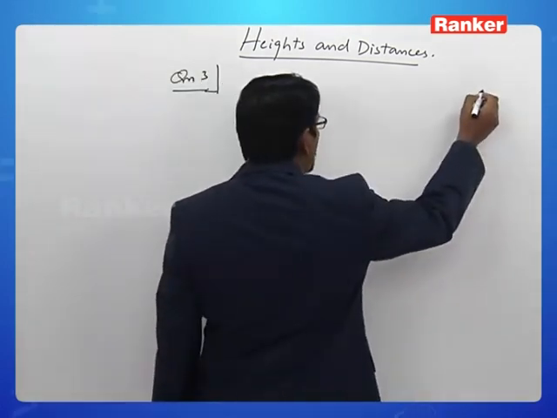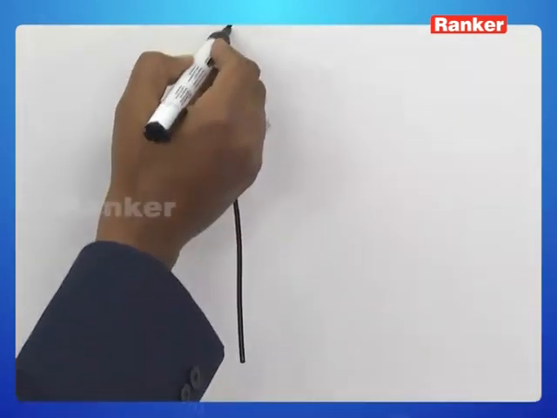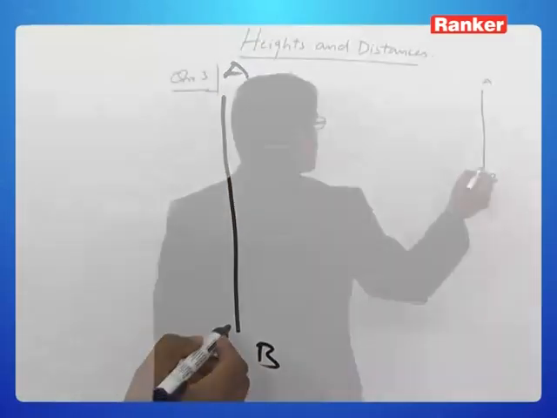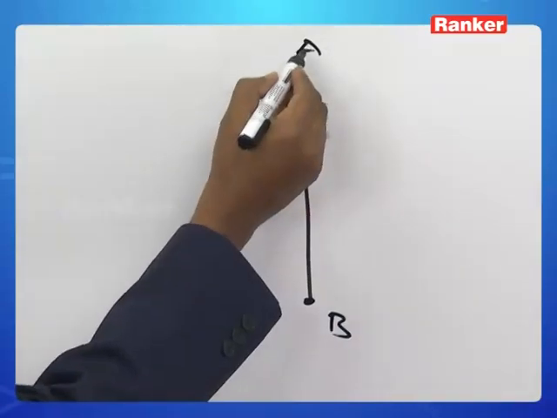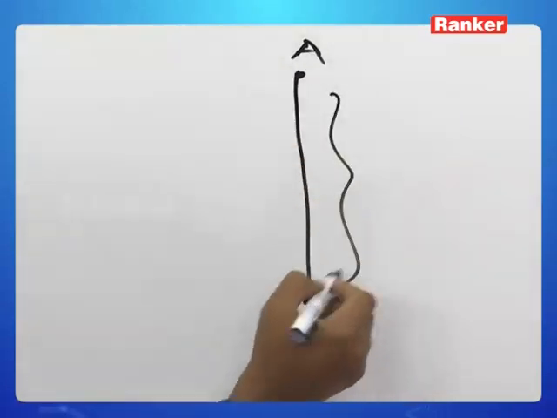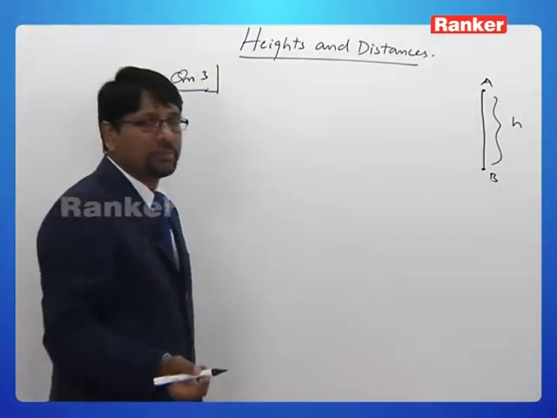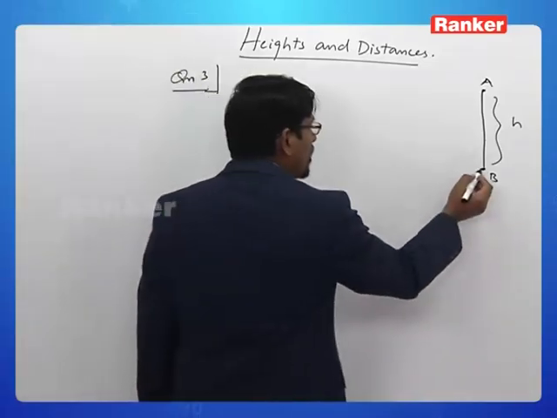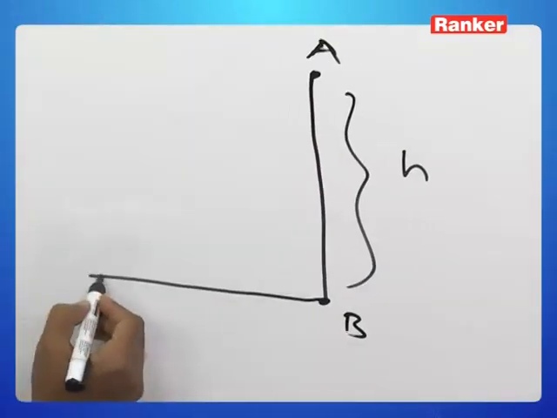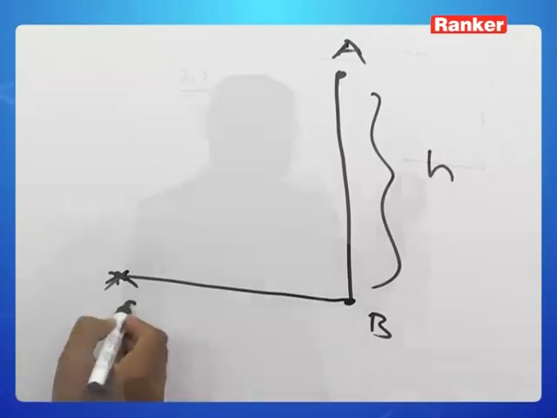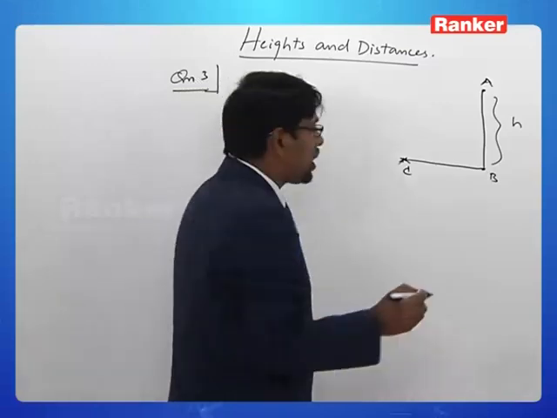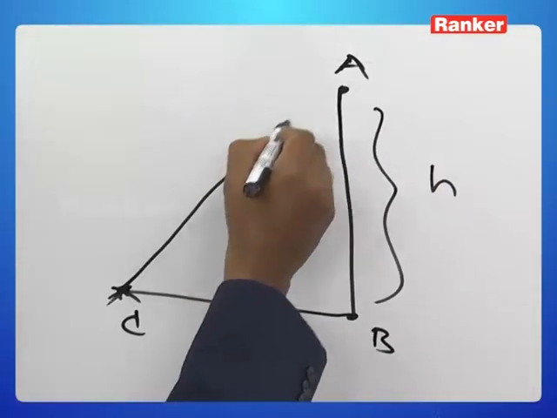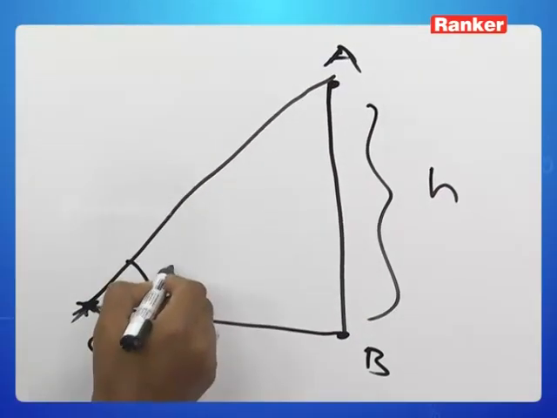We have a vertical pole AB, B at the ground, that's what is given. A is the top, this is the pole. Let's say the height of the pole is H. At a point C along the ground, if you look at the angle of elevation, that was 60 degrees. That is 60 degrees here.